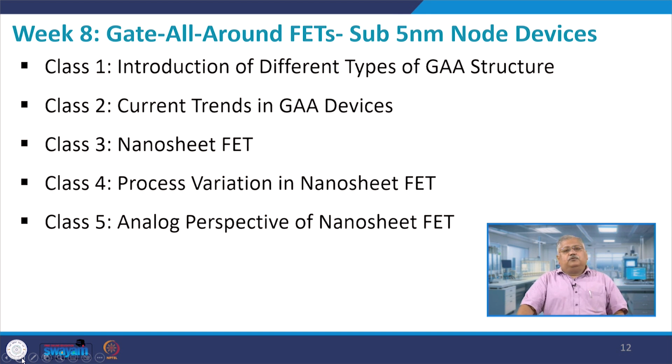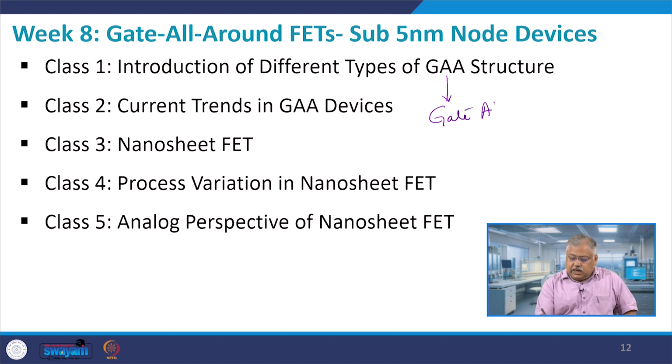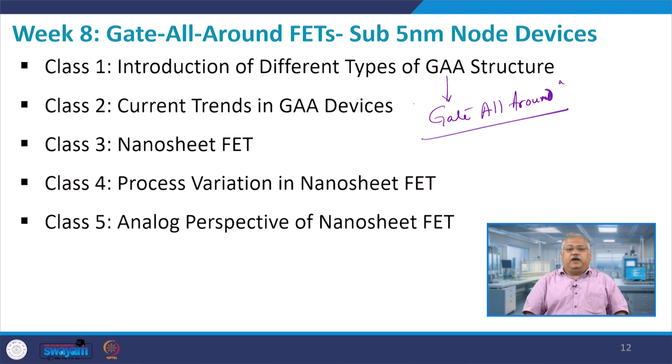Week number 8 comes with various types of GAA structure, right, which means that I have a GAA structure. GAA basically means gate all around, right. This is gate all around. So, I have a gate all around structure. I will explain to you what these gate all around structures are, and then we will look into nanosheet FETs, right.